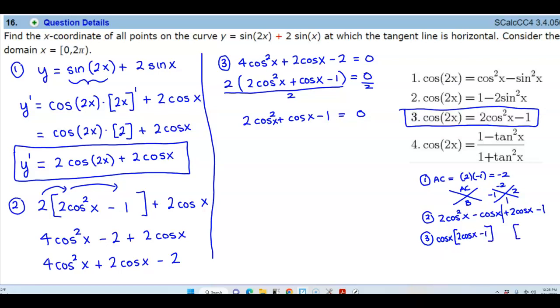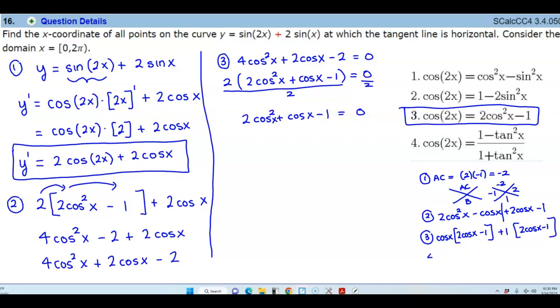And then we should get the same thing over here, 2 times the cosine x minus 1, so we can factor out a 1. So now in step 4, we have 2 times the cosine of x minus 1 times the cosine of x plus 1.